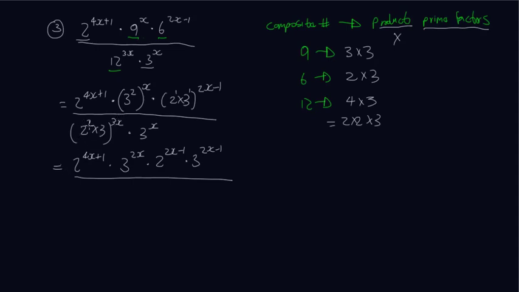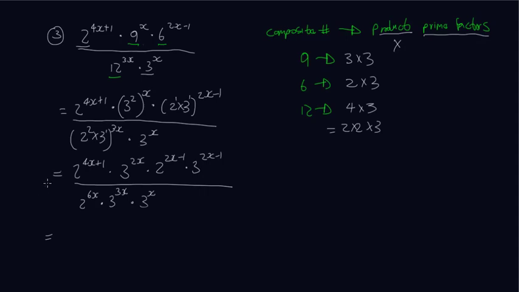Then 3x times 2, it's 2 to the 3 times 2, that's 6x, times 3, so multiplying exponent 1, so it's 3 to the 3x and times 3 to the x.